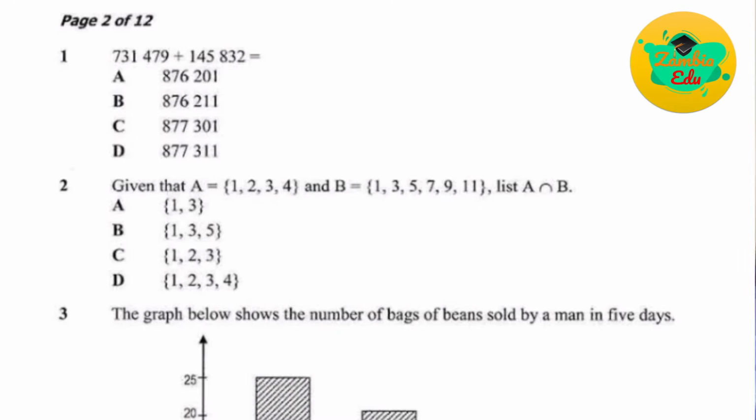The first question in the 2017 paper, question number one, was to solve 731,479 plus 145,332.